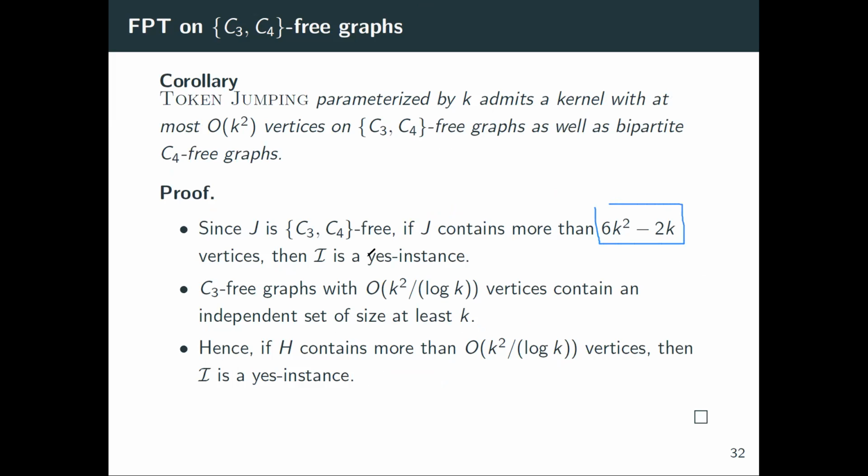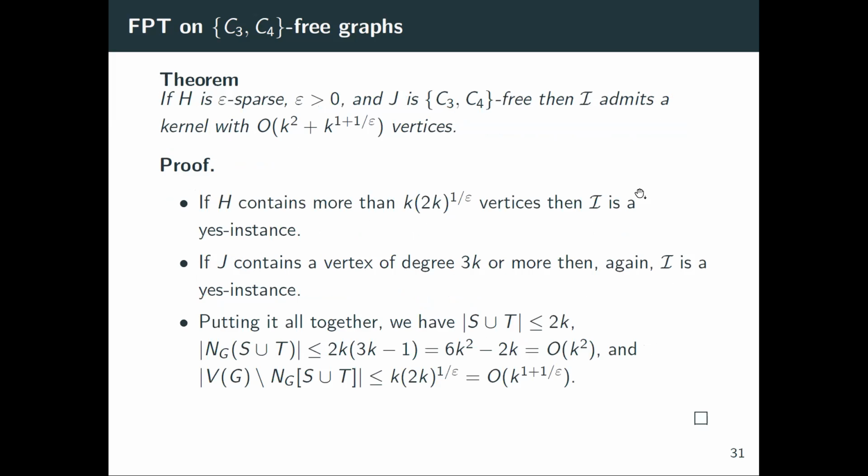And we know from another theorem from another paper that C3 free graphs with k squared over log k vertices must have an independent set of size at least k. So if H contains more than this many vertices, then we will get a yes instance as well. So it becomes an immediate consequence of the previous theorem. But the previous theorem is even more general than this corollary, so this corollary does not really use the full power of the theorem.